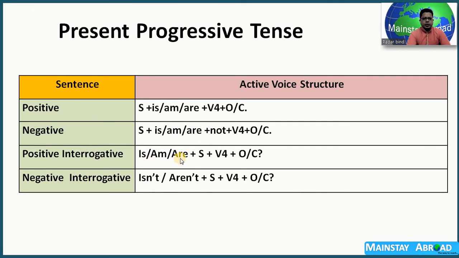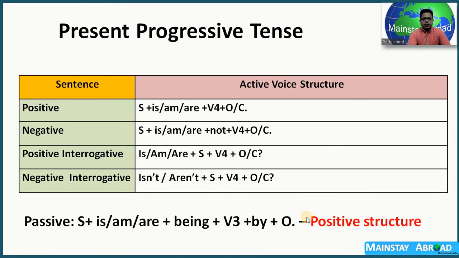In positive question first we have to bring the auxiliary, then subject, then V4 plus object and complement. Isn't and aren't: we don't have amn't, that's why we have to go for aren't I. So isn't, aren't, then subject, then V4, then object and complement. So these are accurate sentence structures that I recommend all of you to follow. You can achieve your accuracy.